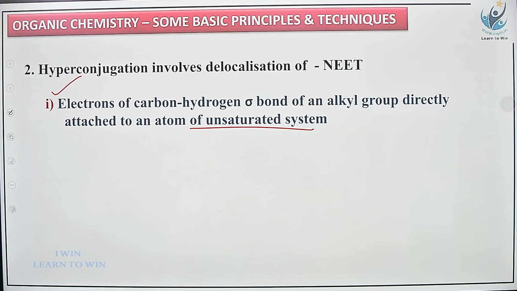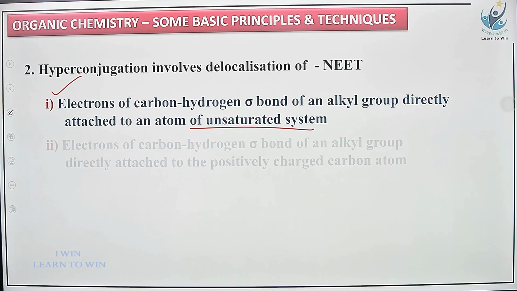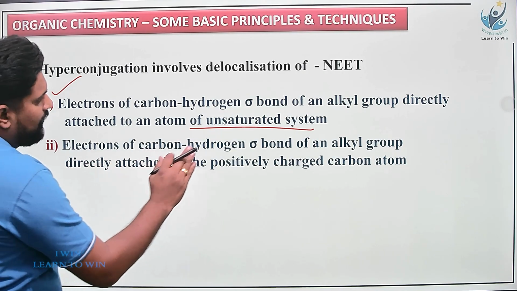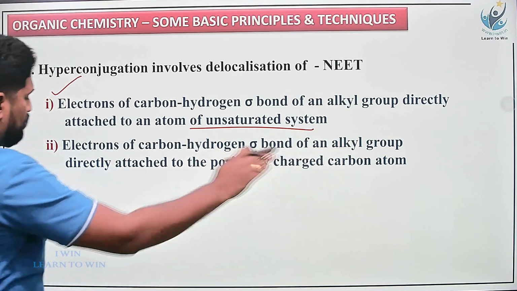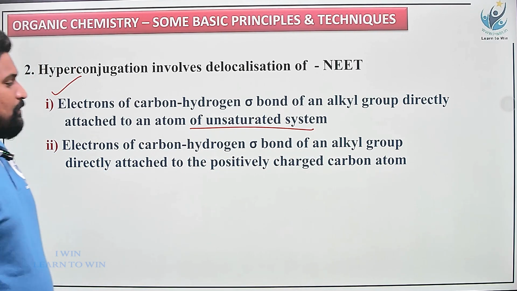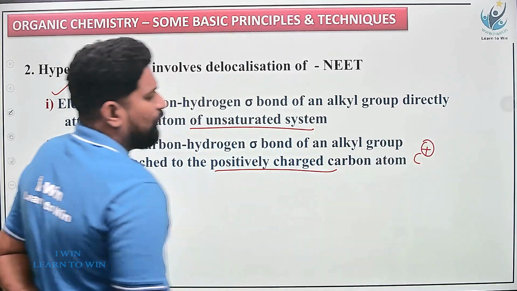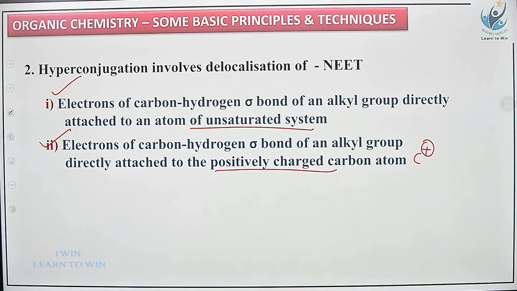Yes, this is correct because that is the definition of hyperconjugation. Next, electrons of carbon hydrogen sigma bond of an alkyl group directly attached to the positively charged carbon atom, which means carbocation. Yes, this can also be possible. This one is also correct.